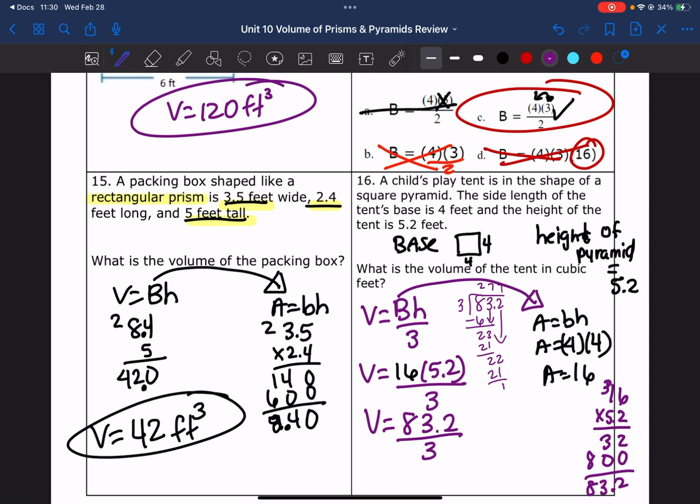And it's just going to keep going from there because now it's going to be 10, and that would be 3. So here, your answer is going to be volume is equal to 27.73 repeating, okay? So this is feet cubed. This is our final answer.